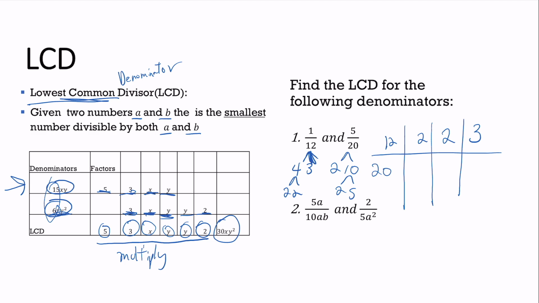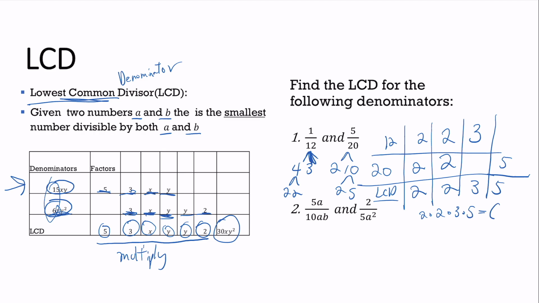So 20 factors into a 2, which I can pair with a factor 2 I already have, another 2, and then a 5. So if I collect all of these factors, 2, 2, 3, and 5, and multiply these together, that's going to give me my least common denominator, which is 2 times 2 times 3 times 5, which gives us 60.